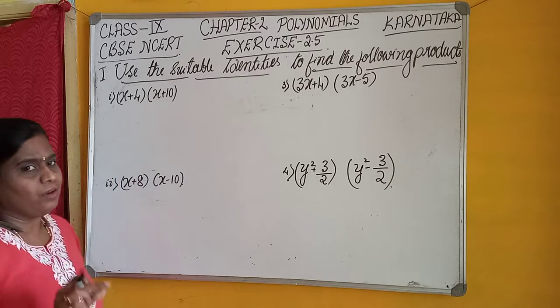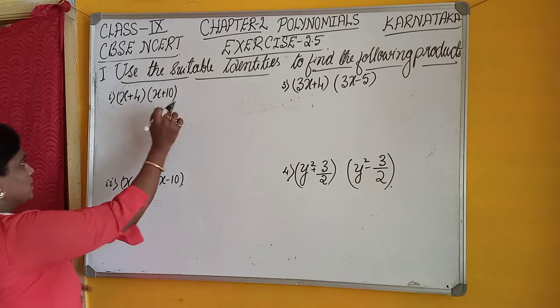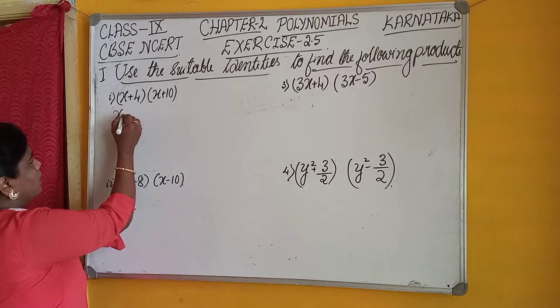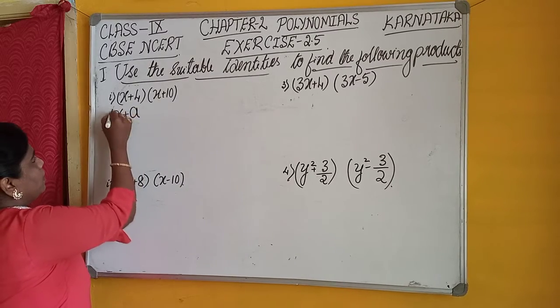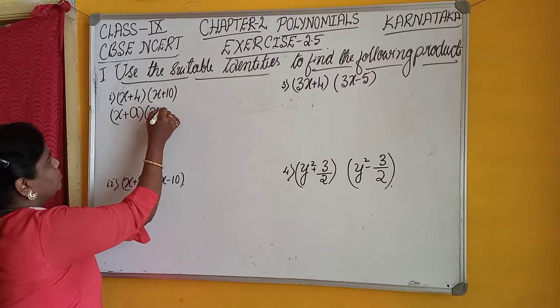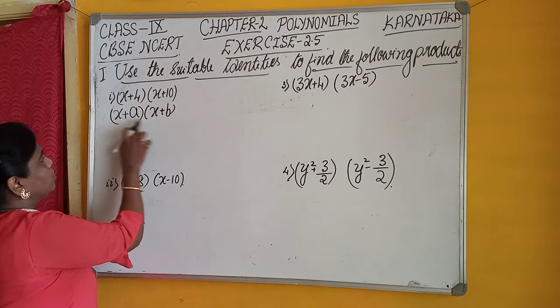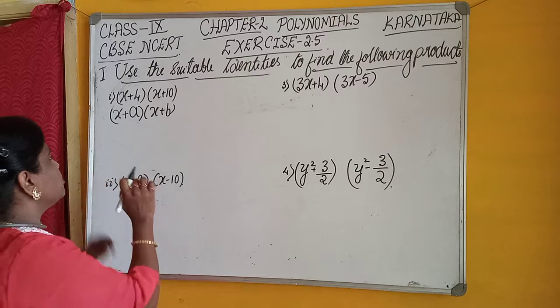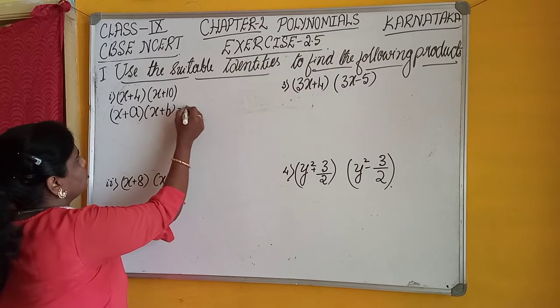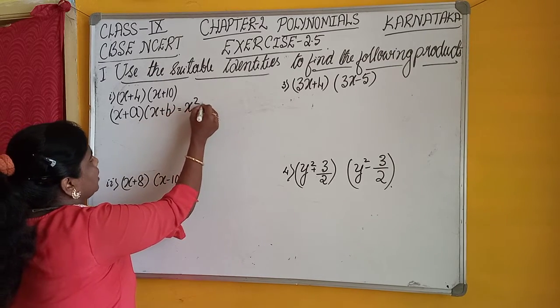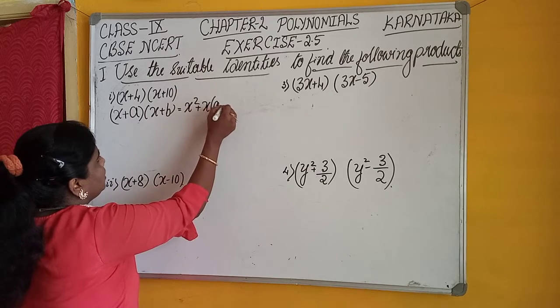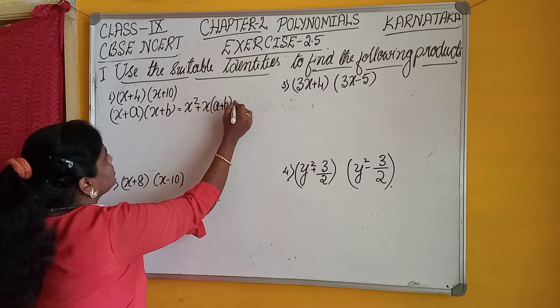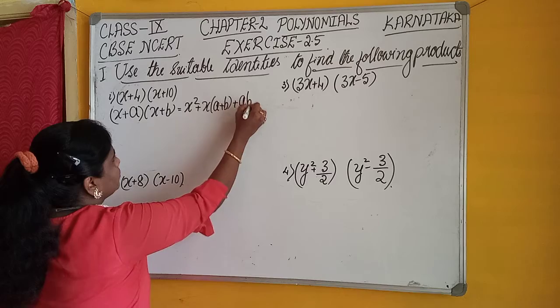In that case we have to use (x plus a) into (x plus b), which is equal to x square plus x into (a plus b) plus ab.